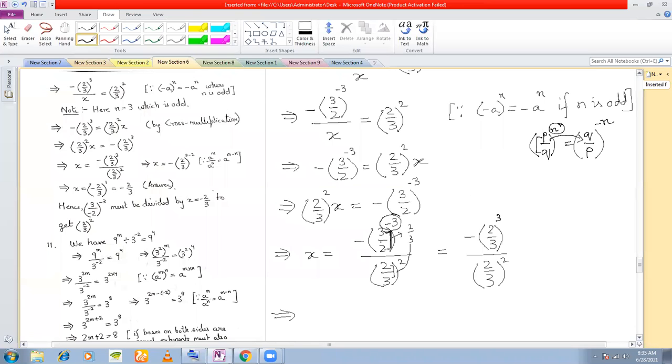So if I see here, I have (-3/2) to the power of minus 3 here. If I want to change this to 2 by 3, from minus 3, this should become a plus 3, isn't it? And this minus sign will remain here as it is. Now you understood?